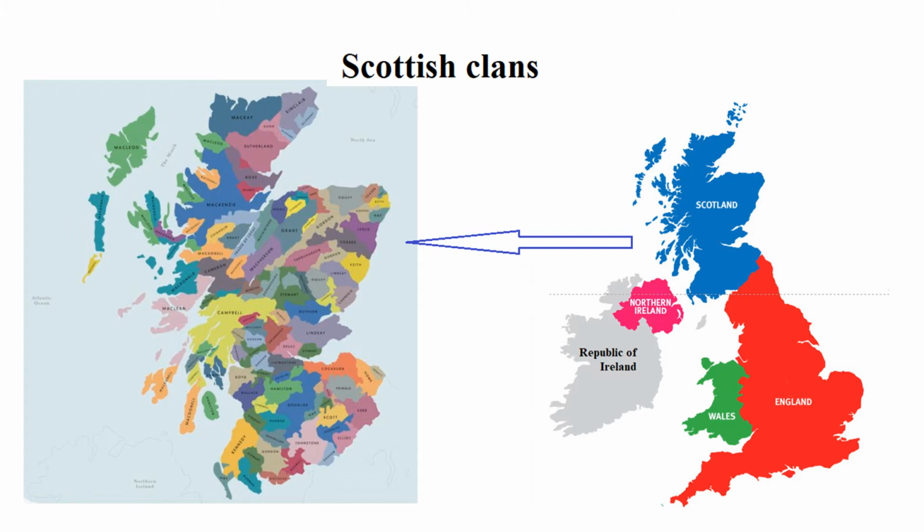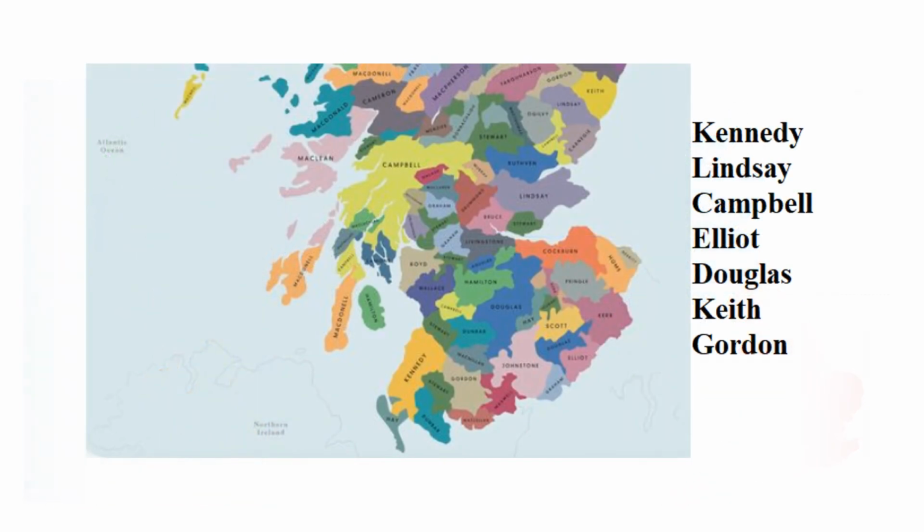Now what we're going to do is zoom in and look a little bit closer at the bottom half of that map with all the different clans so that we can read what they say. And maybe you'll see some familiar names. Maybe you know people that are named this. But here's some of the clans.